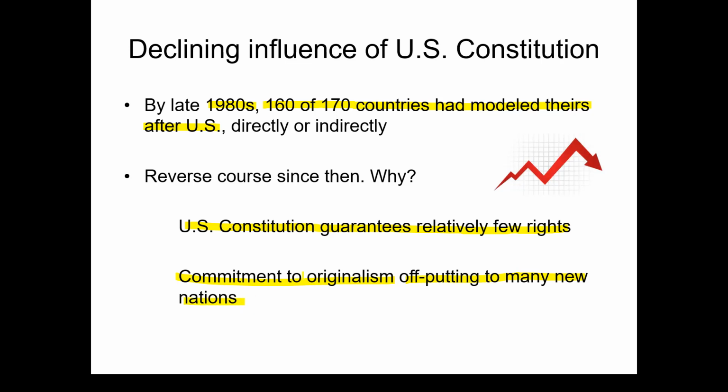And then, of course, when the U.S. Supreme Court gets more and more conservative and starts interpreting the Constitution more and more back to the way it may have originally been looked at, that could also be off-putting to new countries that would perhaps go a different route in their constitution.